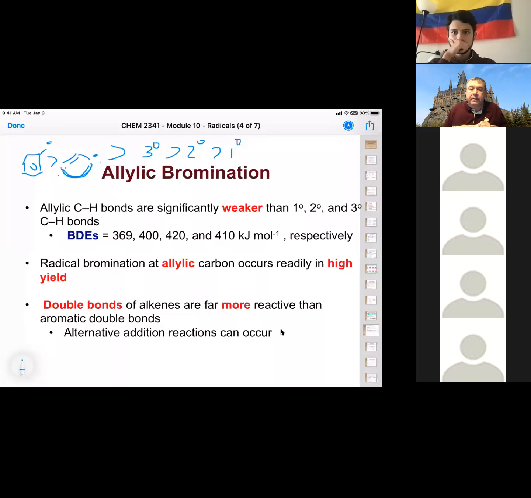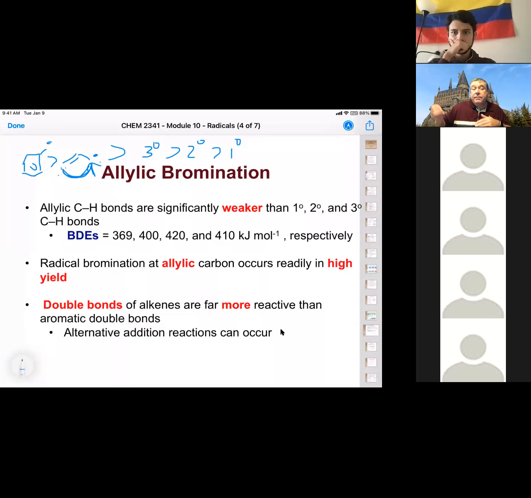Because of this ability to have it stabilized over 2 different atoms, that makes that carbon-hydrogen bond significantly weaker than those other ones, and that makes it easier to remove, which means that we can get bromination at the carbon next to a double bond very readily.